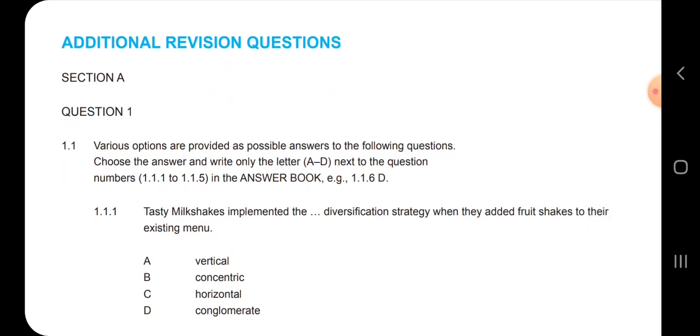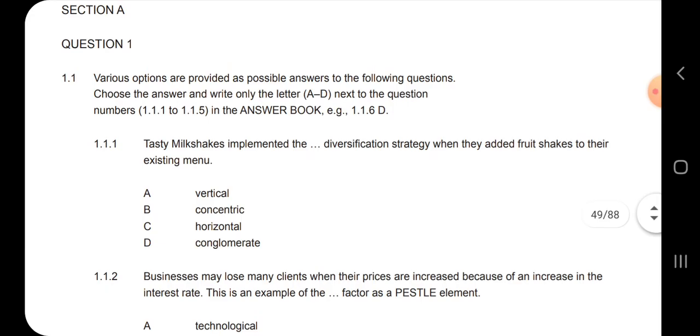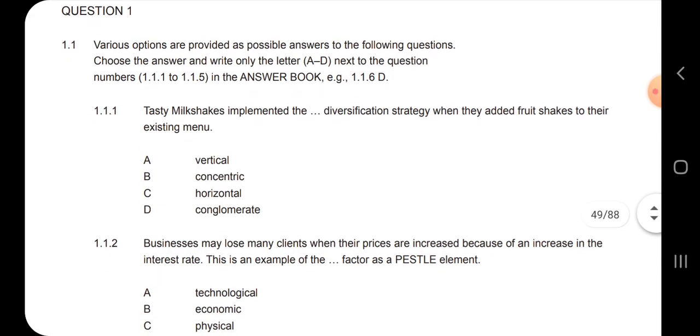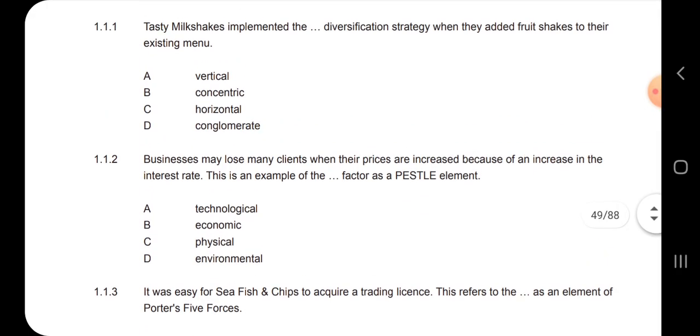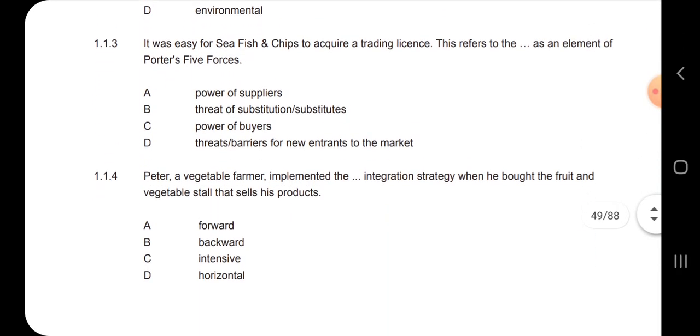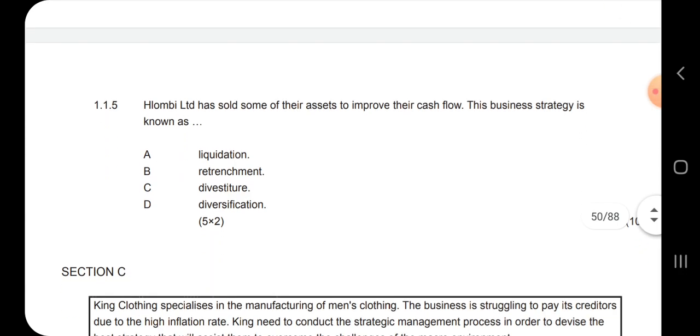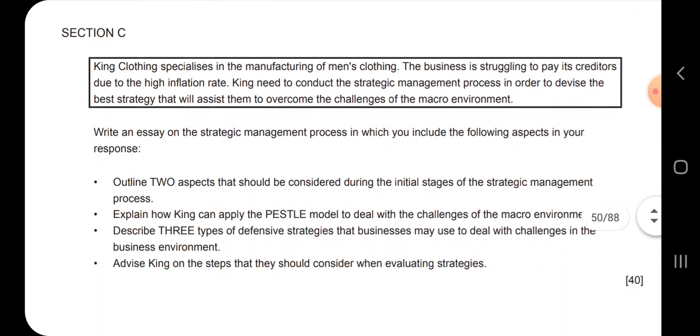So these are additional revision questions that you can answer. And then you can try to write an essay, because they like this one as an essay type question as well. So try to answer that.